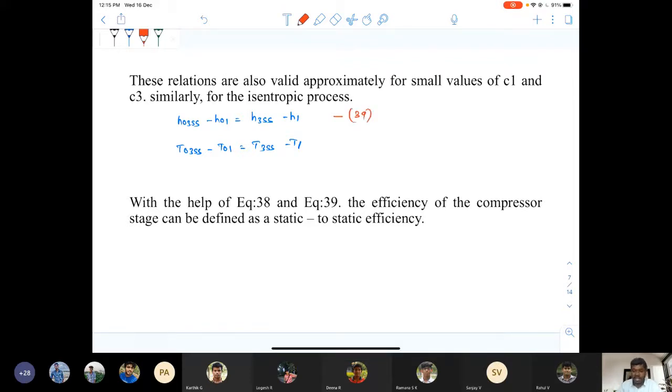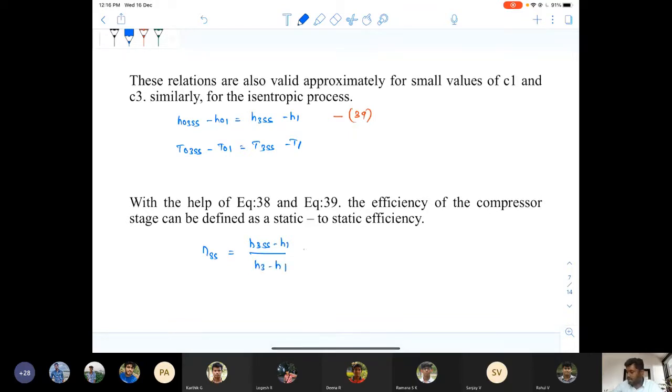With the help of equation number 38 and 39, you can define the efficiency of the compressor stage as the static to static efficiency. This static to static efficiency is given by eta SS is equal to H3 SS minus H1 divided by H3 minus H1.